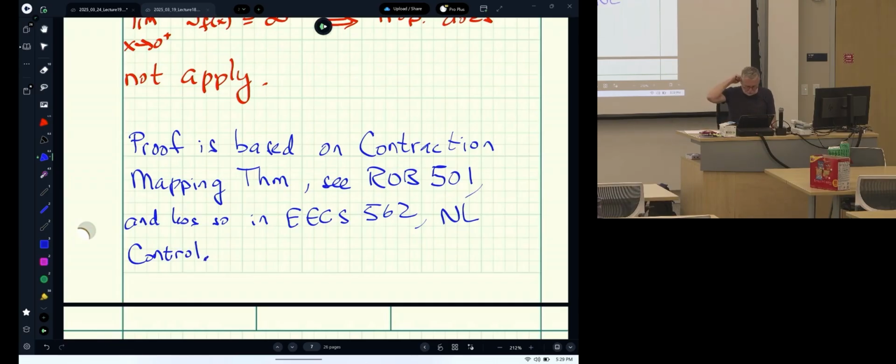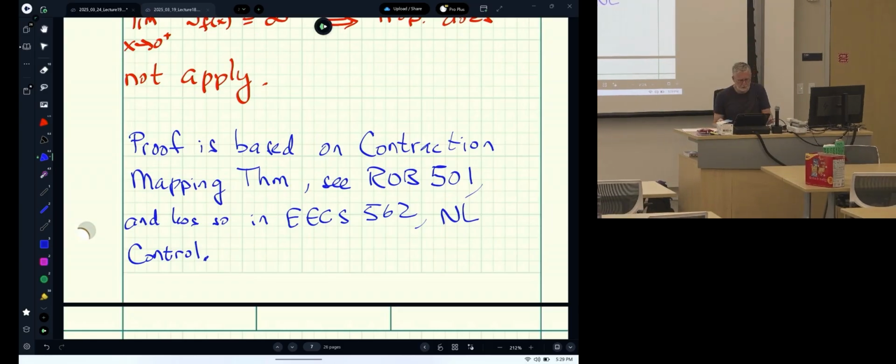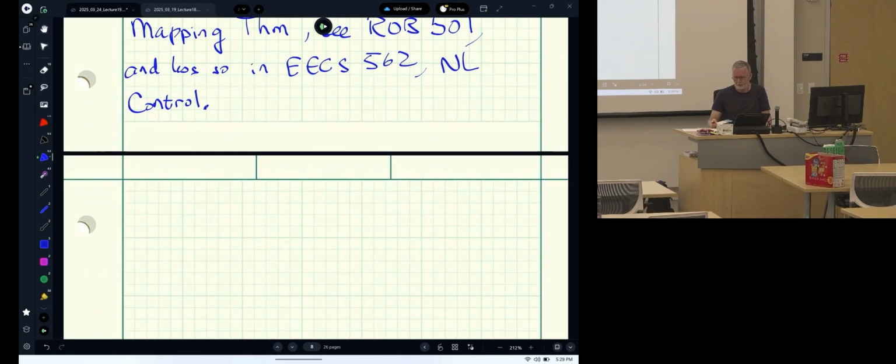So it's not totally out of bounds. There's probably versions of it covered in Math 451. I'm not sure about Math 351, to be honest with you.